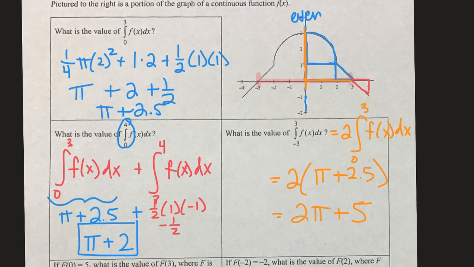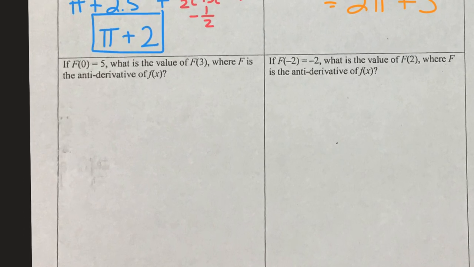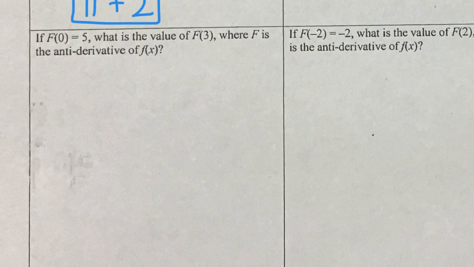Okay, and these last two questions are kind of mind-boggling. It tells us that f of 0 of an original function is 5, and we want to find the value of f of 3, where f is the antiderivative of f of x. Okay, so if you think antiderivative, we're going to have to be thinking about the fundamental theorem of calculus.